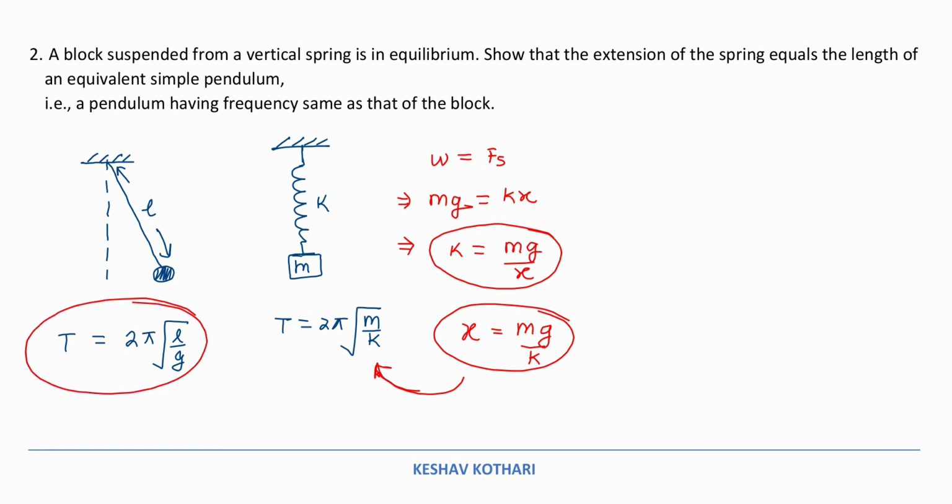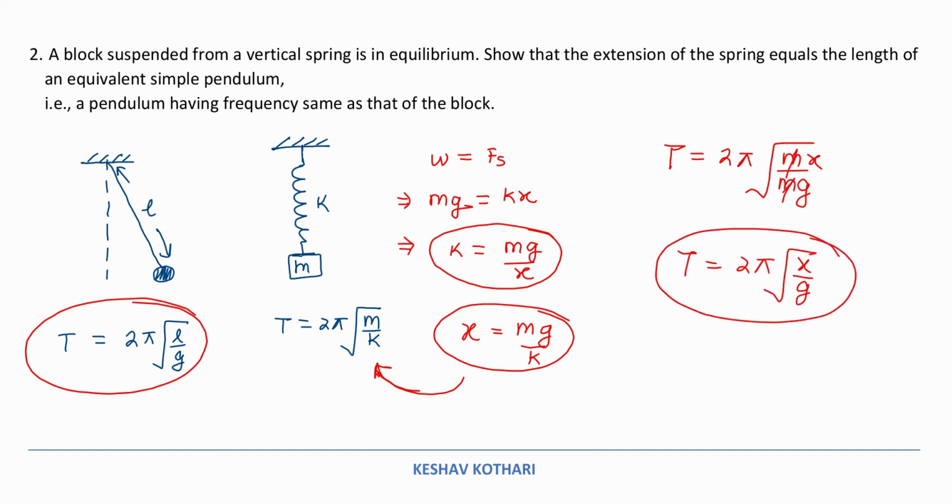If I write T is equal to 2 pi root over m by k, k can be written as mg by x. So m and m cancel out and we get T is equal to 2 pi root over x by g, which is of the form T is equal to 2 pi root over L by g. Hence proved. Let us move to the next problem.